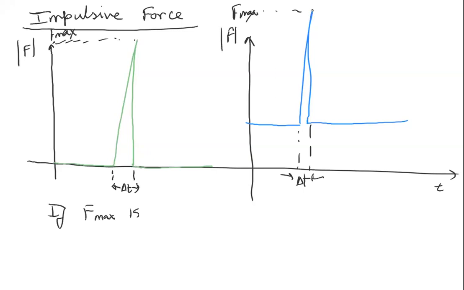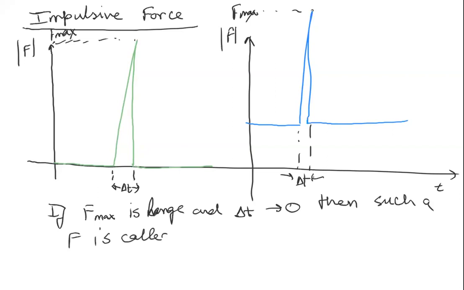So, if F max is large and delta T tends to 0, then such a force is called impulsive force.